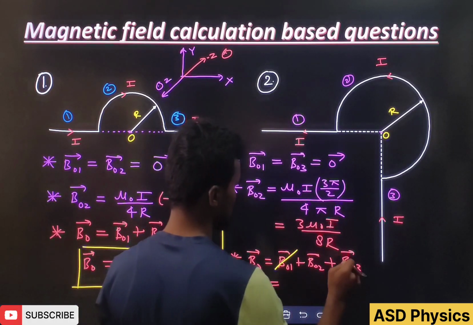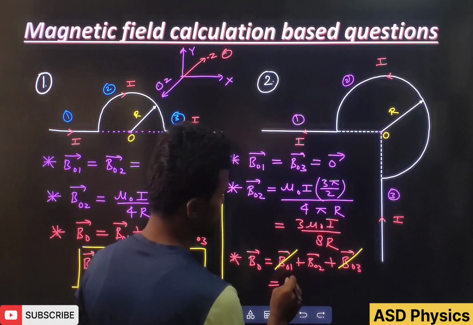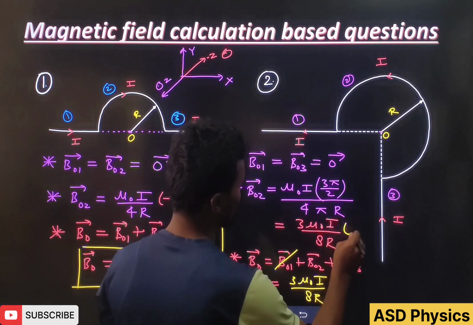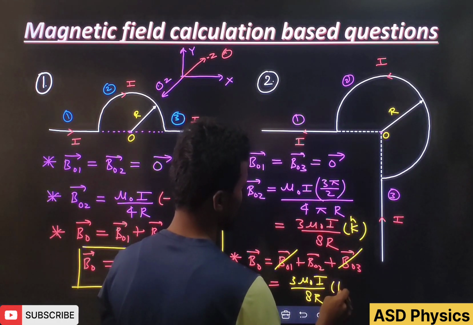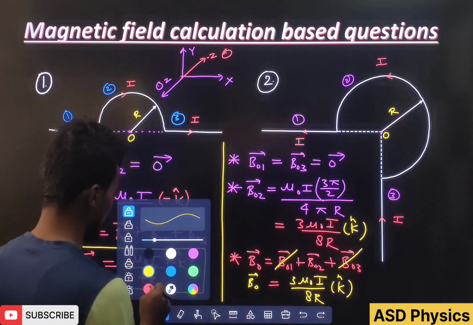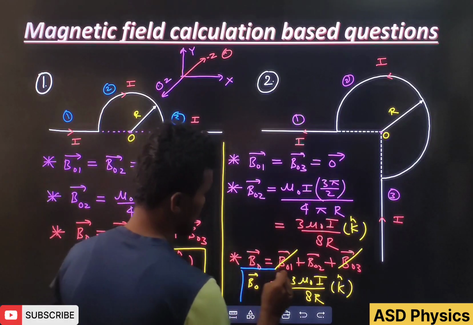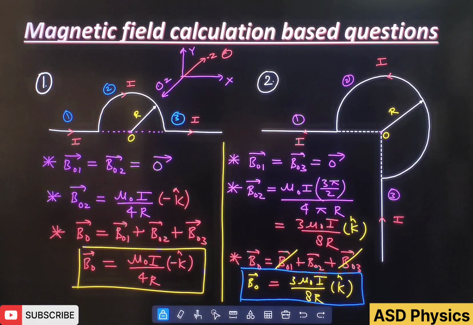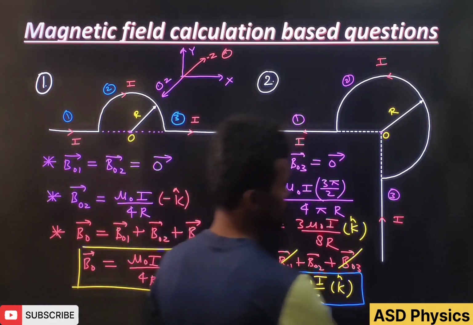So only B naught 2 will come: 3 mu naught I by 8r, and the unit vector is outside, meaning k cap. Let me write it here. So see how beautifully we have done these two situations. Is it correct?